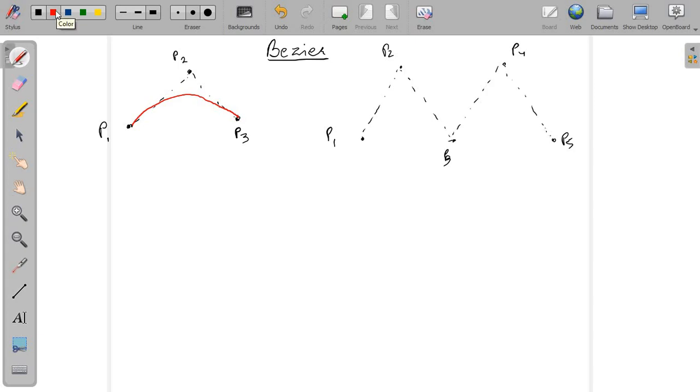When we draw a curve, it may look somewhat like this. All right, this is your bezier curve. And suppose we change the control points. Suppose we pull out P2 over here.